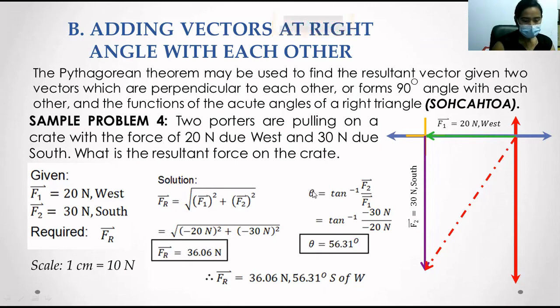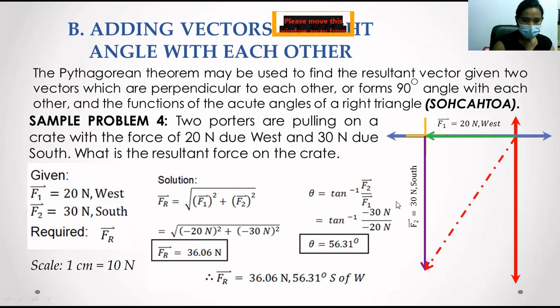To find the direction of our resultant force, we use the formula angle theta is equal to arc tangent of opposite side, or the magnitude of F sub 2, divided by the adjacent side of angle theta, which is F sub 1.